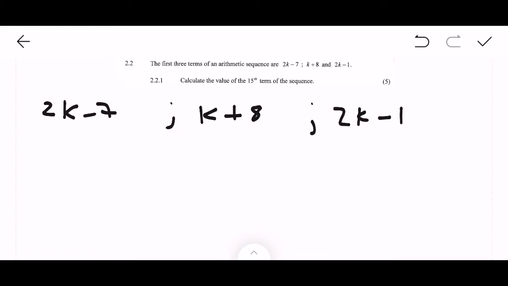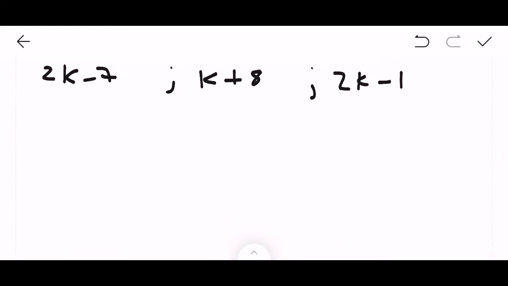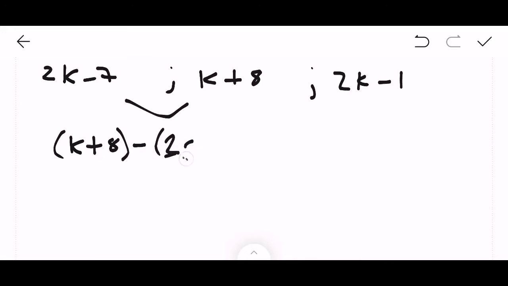So here we need to first find the value of k, and to do that we first need to find the common difference, or we need to use the common difference rule. So the difference between these two will be k plus 8 minus 2k minus 7.